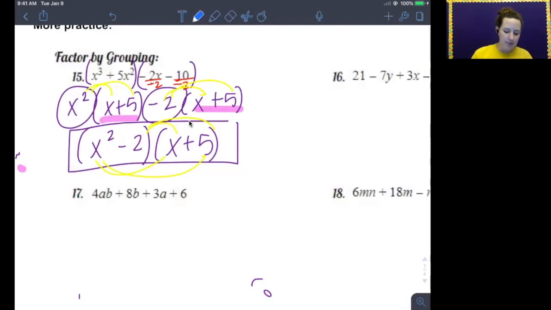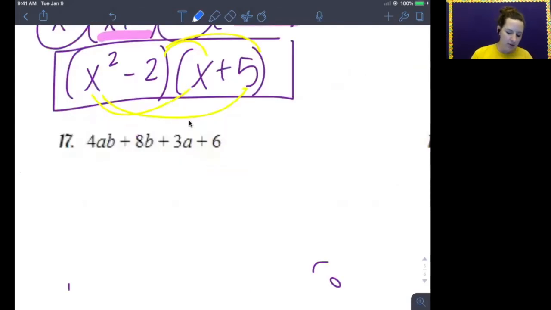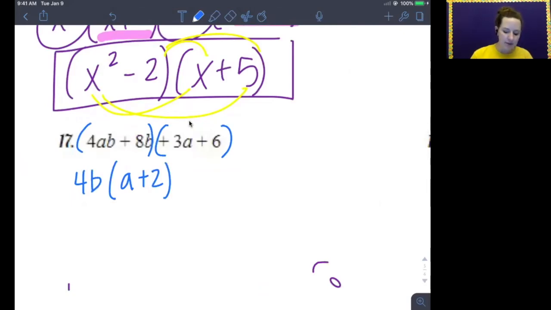Let's try example 17. I'm going to group them together. My first set of terms, I can pull out a 4 and a b. I'm left with a plus 2. And then in my second set of terms, I'm going to pull out a positive 3. Once again, I'm left with a plus 2.